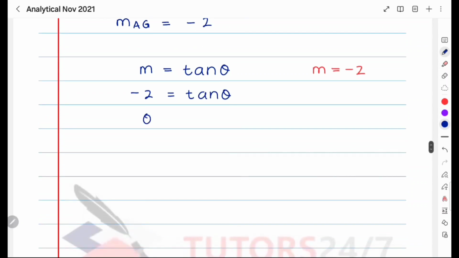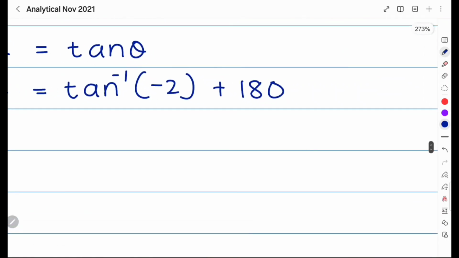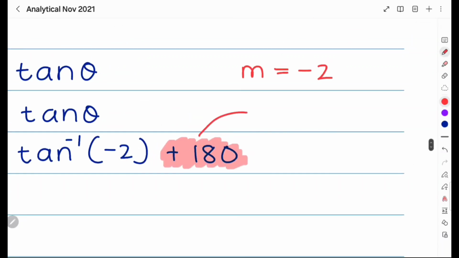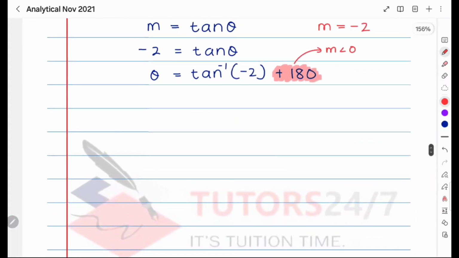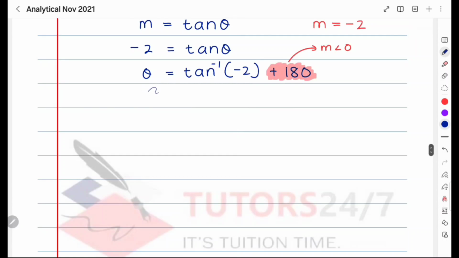Please keep in mind that because our gradient is negative, we're going to plus 180. Once we put this into our calculator, we therefore have the angle of inclination of the line AG as equal to 116.57.